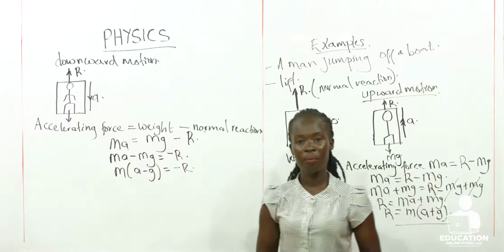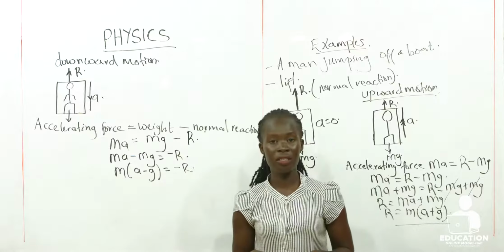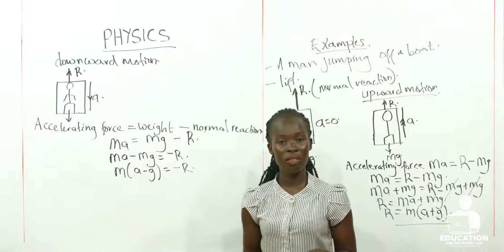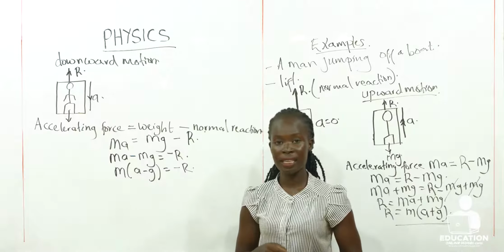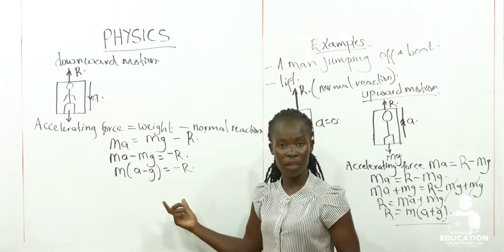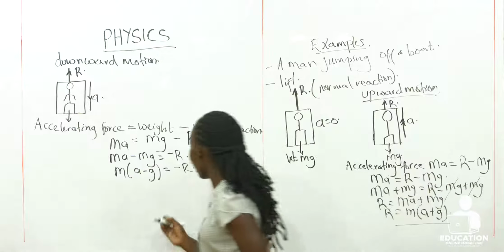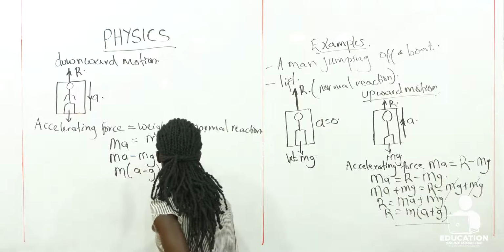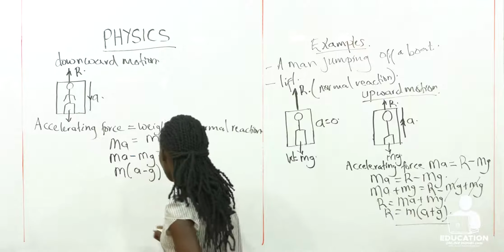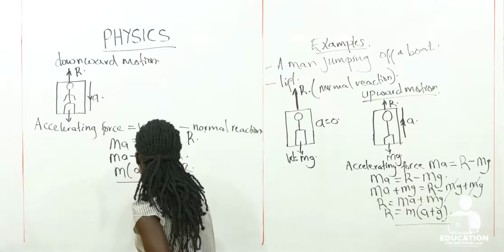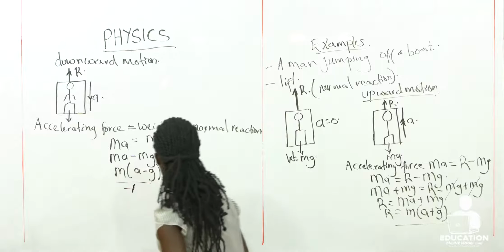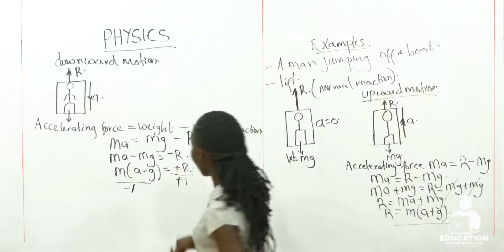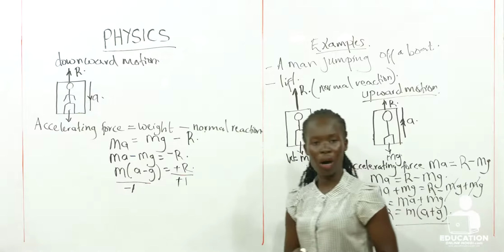How shall we make it positive? We can make it positive by dividing through by the negative value, which is -1, the coefficient of the normal reaction. So we divide it by -1 here and divide it by -1 here, and the negative and that will give you a positive.